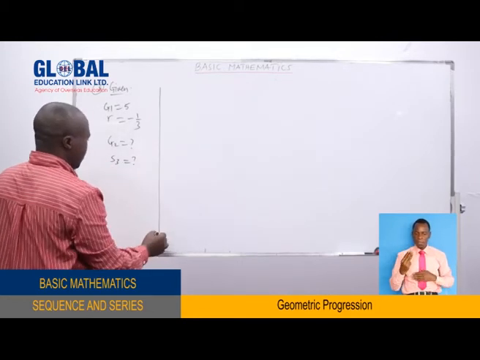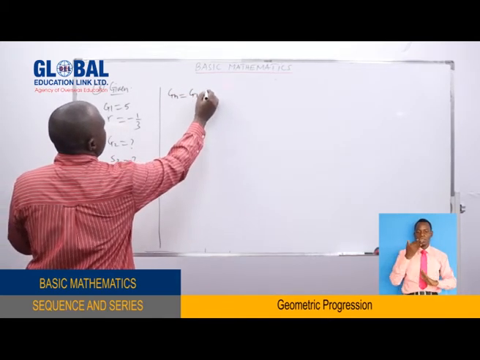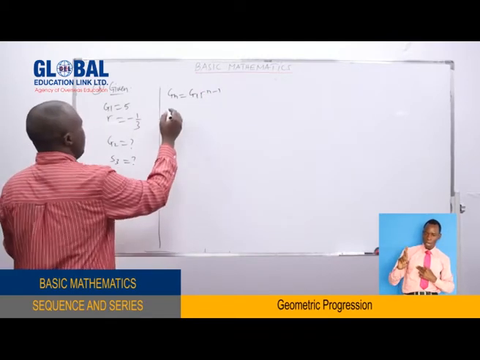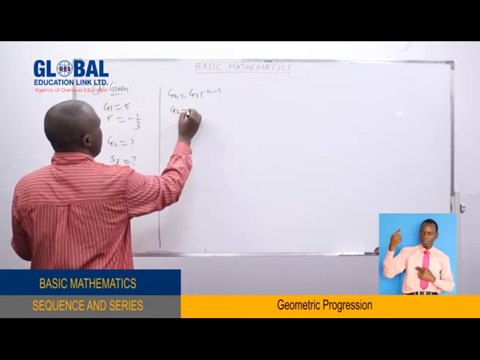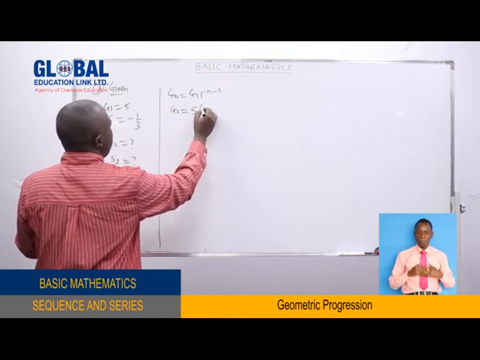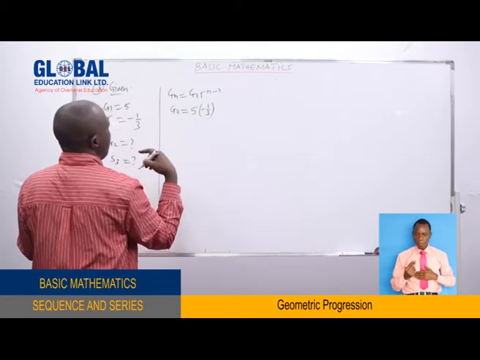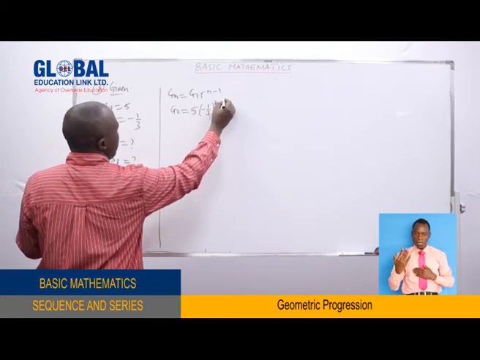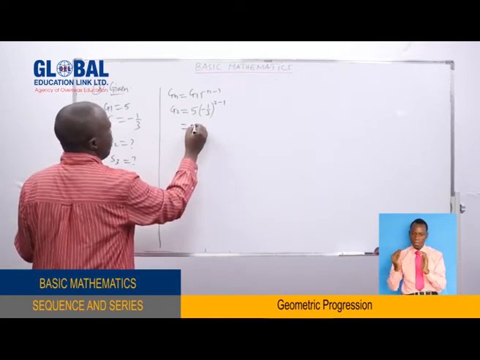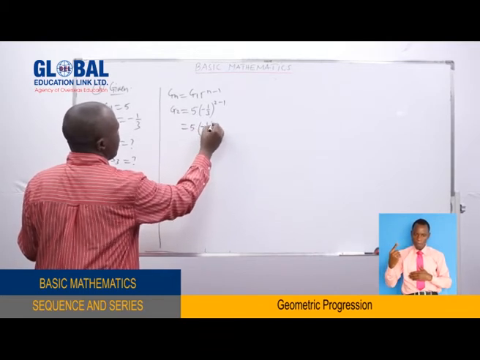Now, dear student, we are starting with Gn is equal to G1 R power n minus 1. That is G2 will be equal to, now G1 is 5, then R we have negative 1 over 3 raised to 2 minus 1, now n is 2. So this one is equal to 5 bracket of negative 1 over 3.